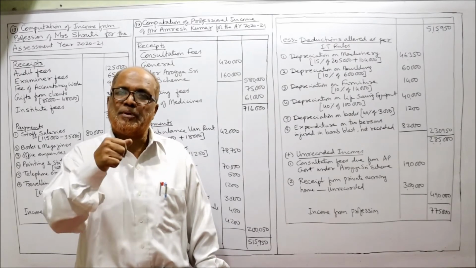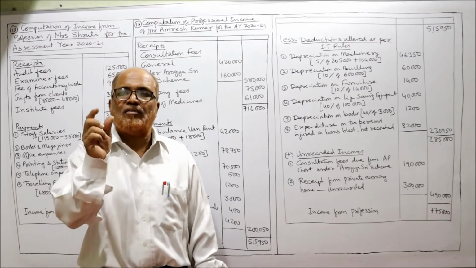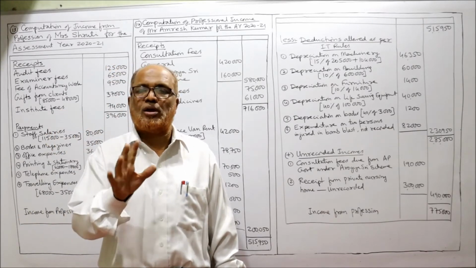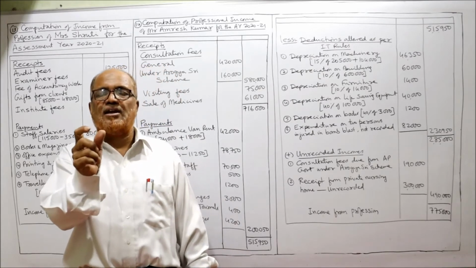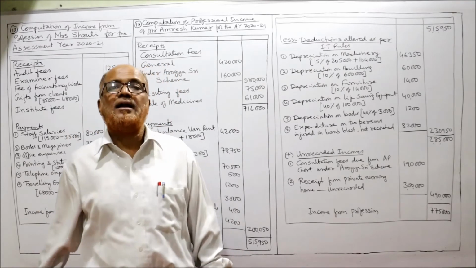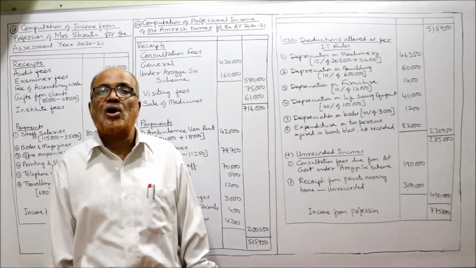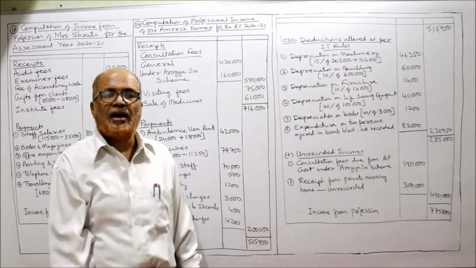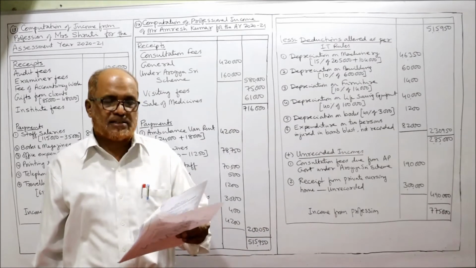So under the Income Tax Act, depreciation will be allowed. What is the rate of depreciation on machinery? 15% is the rate on machinery, 10% on building, and 10% on furniture. And we have to give the deductions according to the Income Tax Act.